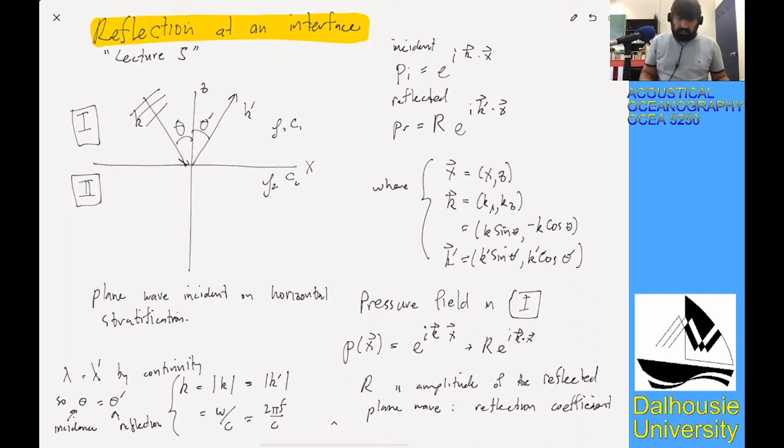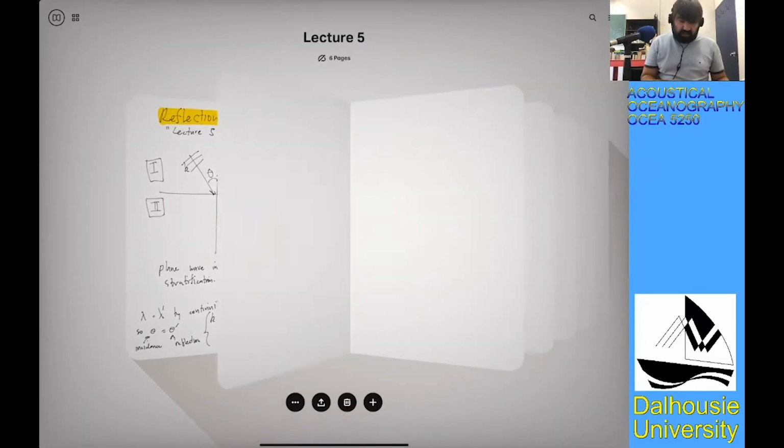Really have trouble getting to the next page for some reason on this thing. Okay. So by definition now, we know that R, we can define R as having some amplitude part, right?